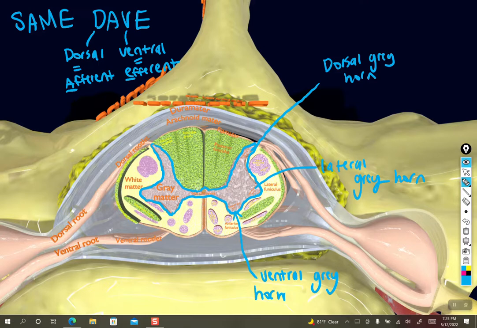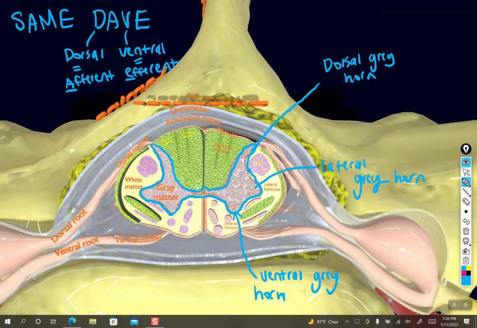You can also note that afferent starts with an A, which corresponds to arriving information to the CNS, and efferent starts with E, which corresponds to exiting from the CNS. So, why does that matter here? Well, dorsal and ventral in the spinal cord are separate from each other and contain separate directionality for information.